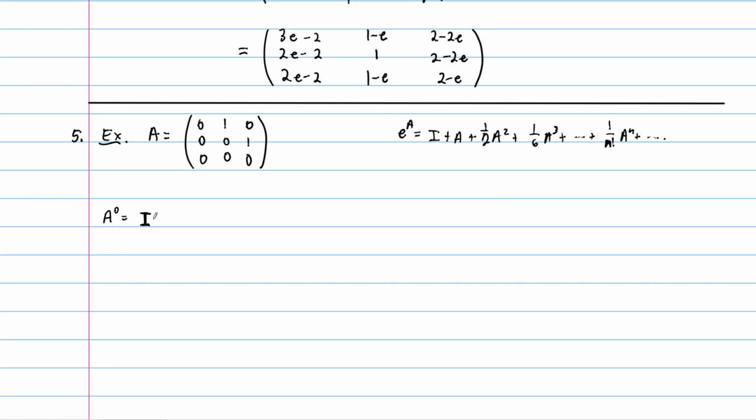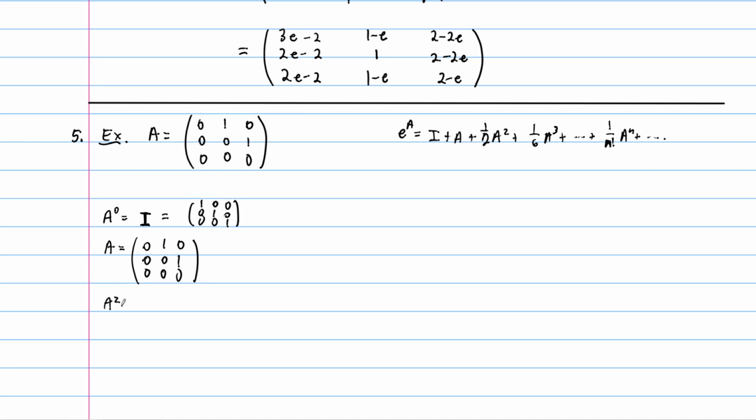Now, A to the 0 is always the identity, and A in this case is that. So I'm going to write it down. By the way, the identity, we know what it is, but let's write it down. There's our identity.